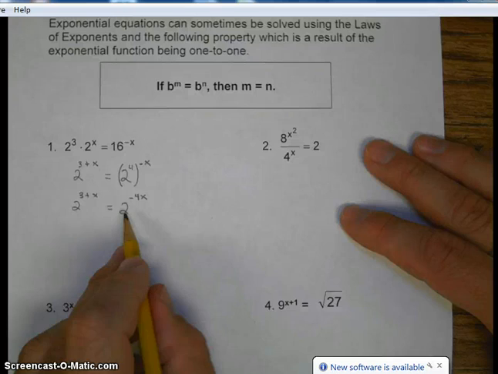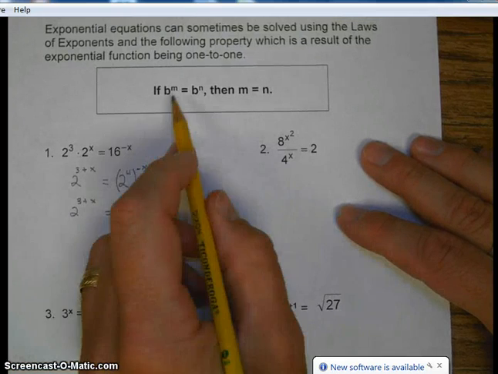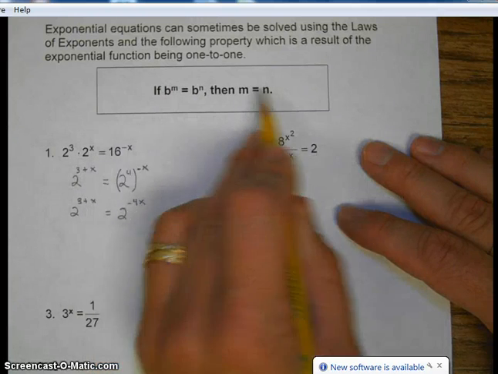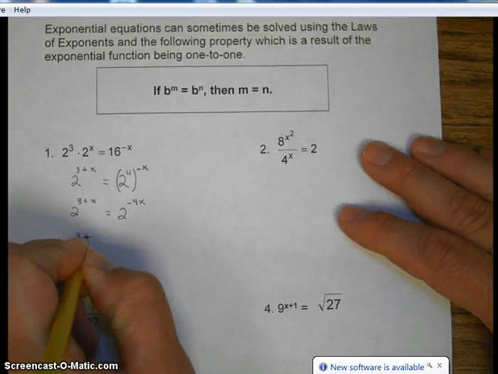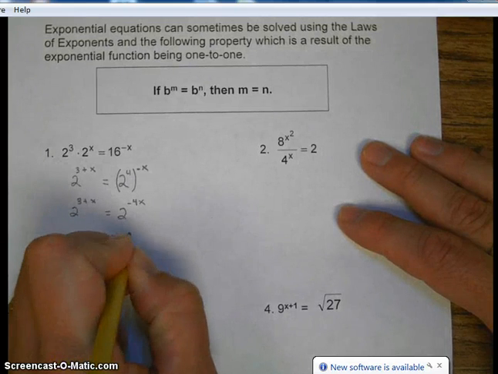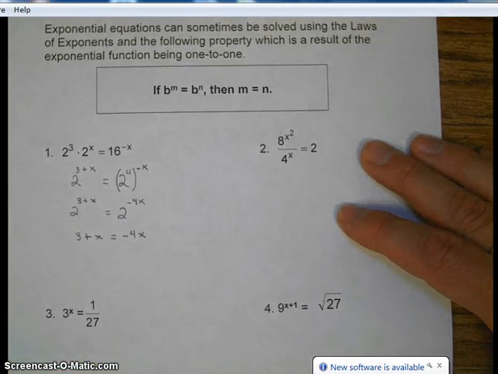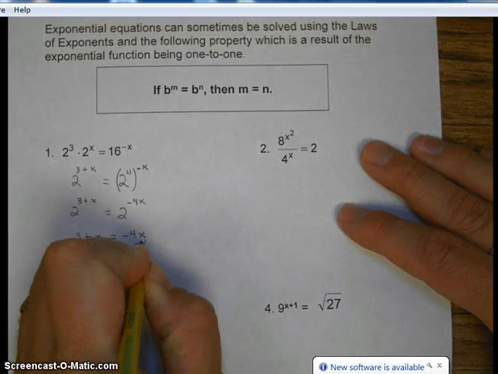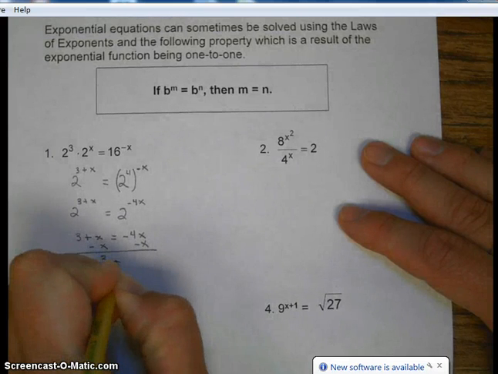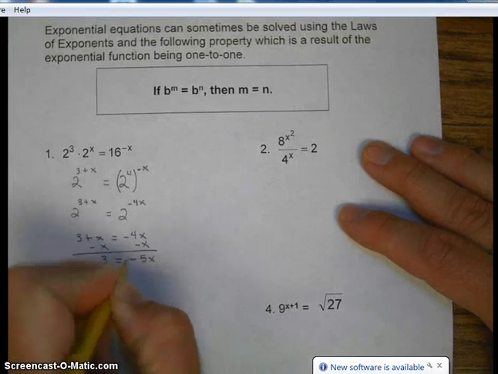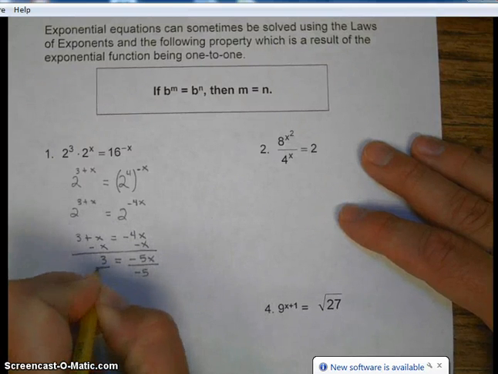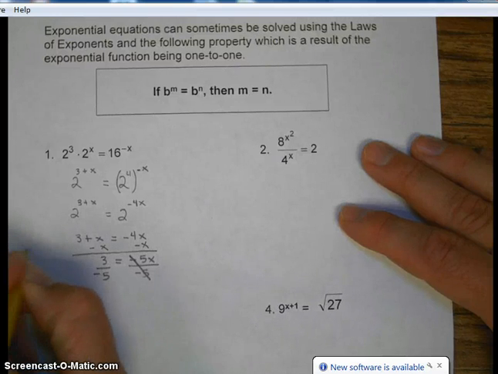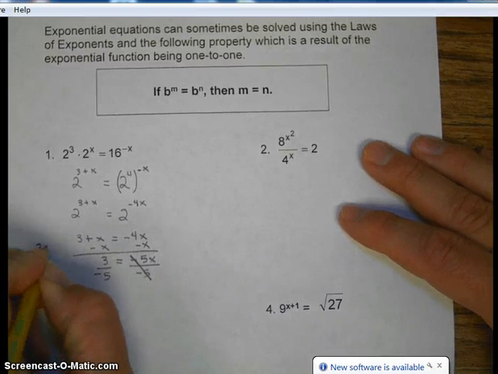Now we have the bases the same, so you set the exponents equal to each other. 3 plus x equals negative 4x. Now we solve for x. So x equals negative 3/5.